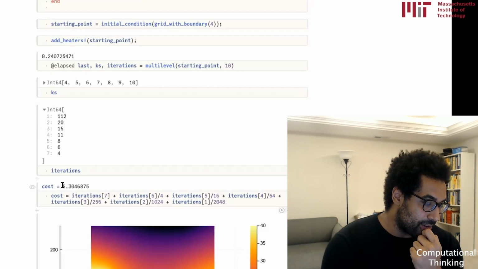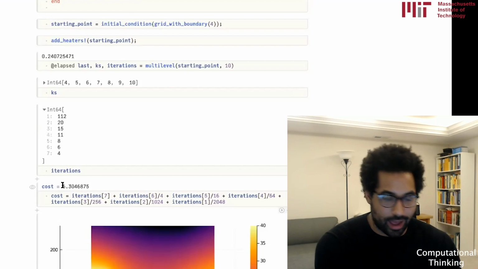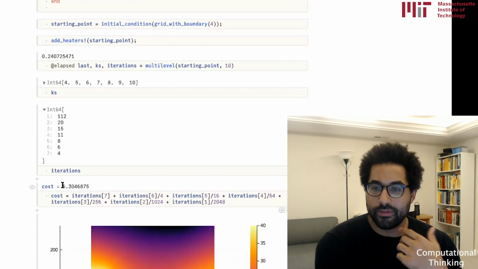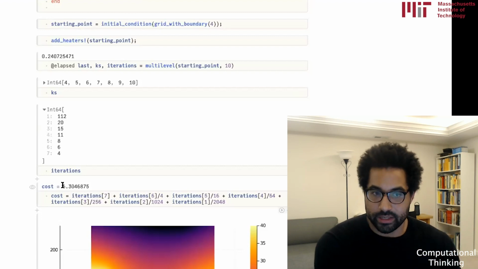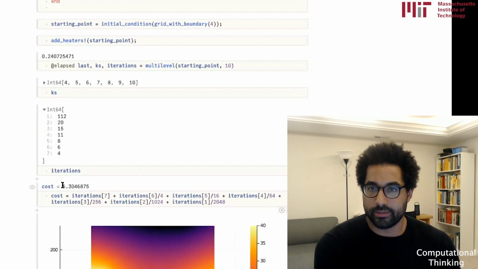This whole multi-level procedure, which I just coded and ran, costs the equivalent of less than 7 iterations on the finest grid.